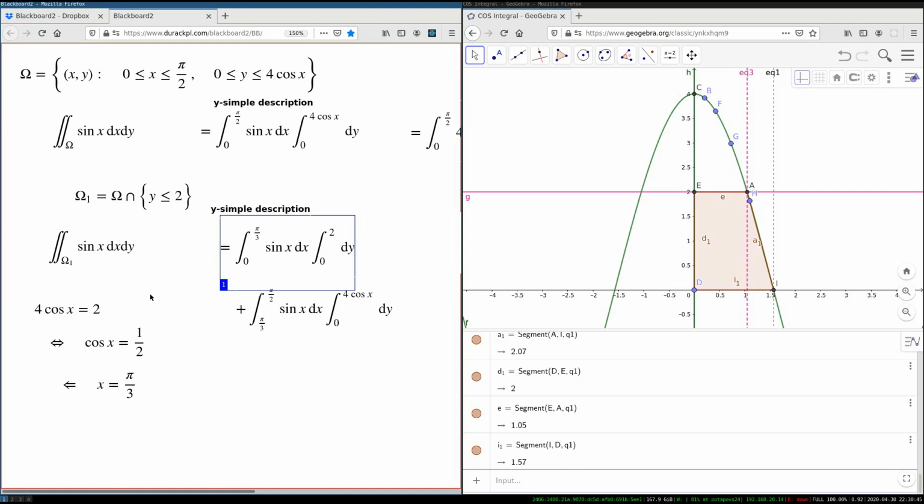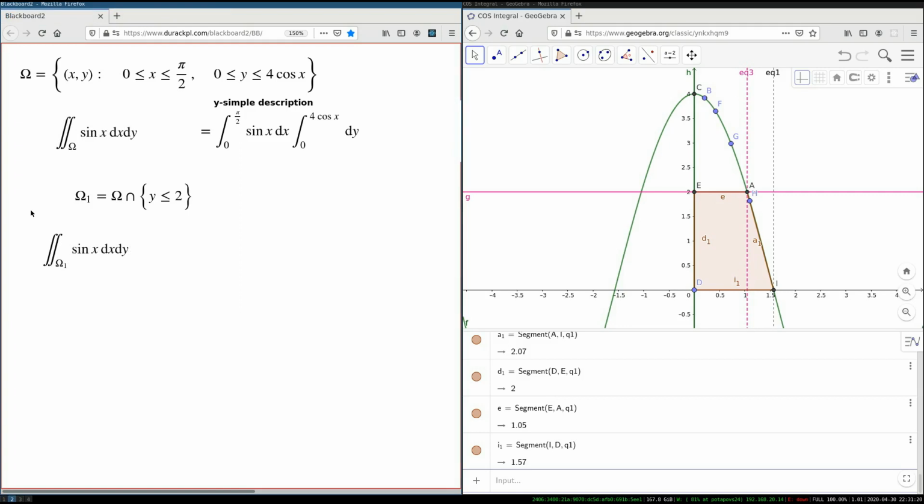The key to making this computation way shorter is to describe domain omega 1 as x-simple rather than y-simple. So I hide all of the steps we did for this integral approaching it as y-simple, and this time we're going to approach it as an x-simple domain.